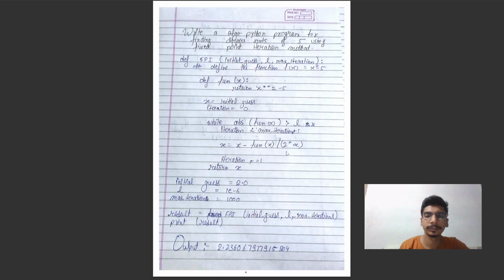So we are moving towards the second question of our video, which will be a Python program for finding the square root of 5 using the fixed point iteration method. Here first we have made a function by the keyword def, and the function name is fpi, meaning fixed point iteration, in which we have passed the arguments initial guess, L, and maximum iteration.